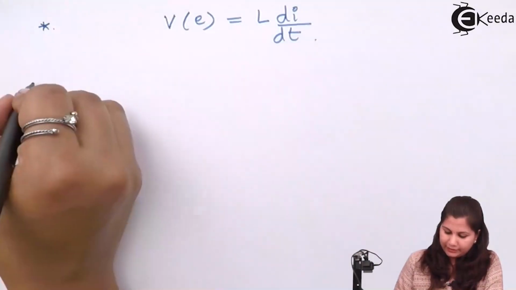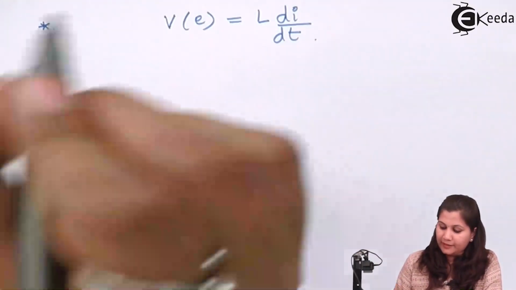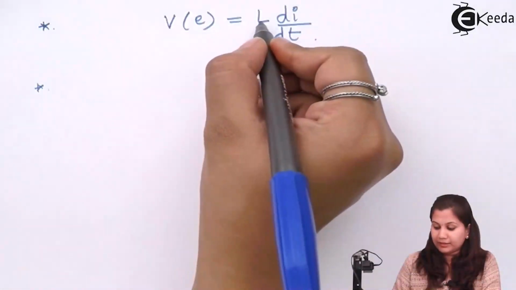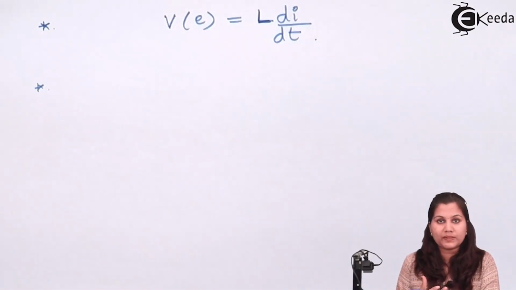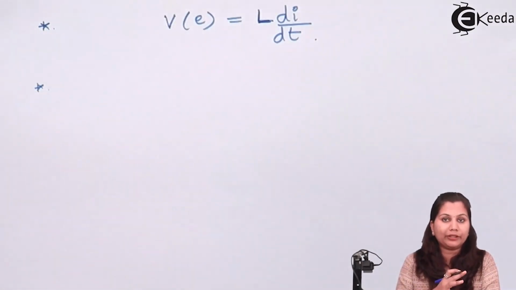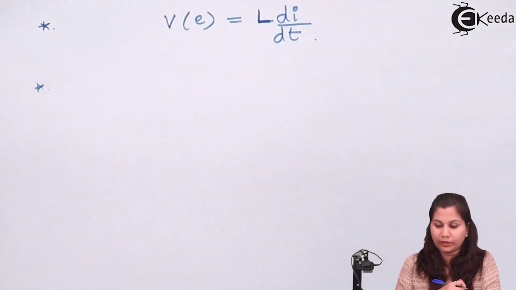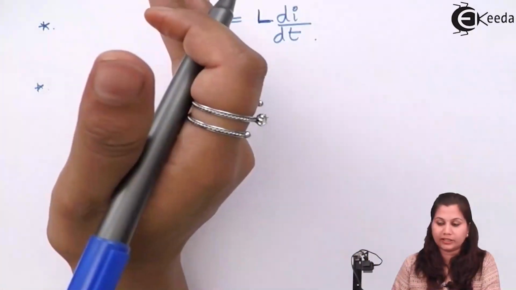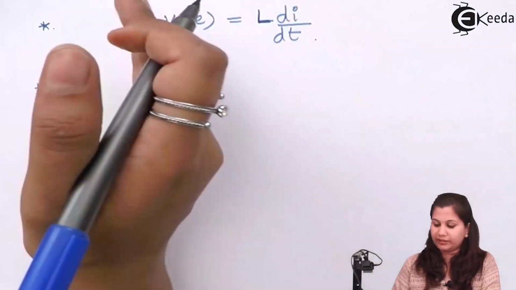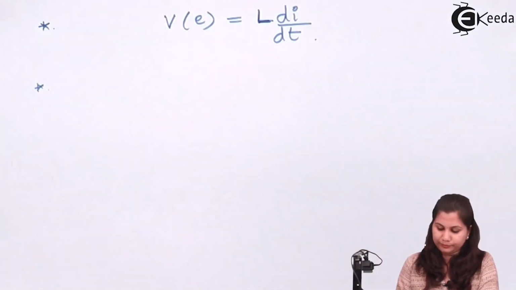We know that inductance is the property through which the coil opposes the change in the magnitude and direction of the current. Now suppose that in the circuit the current is constant. So if current is constant, then voltage induced will be 0.